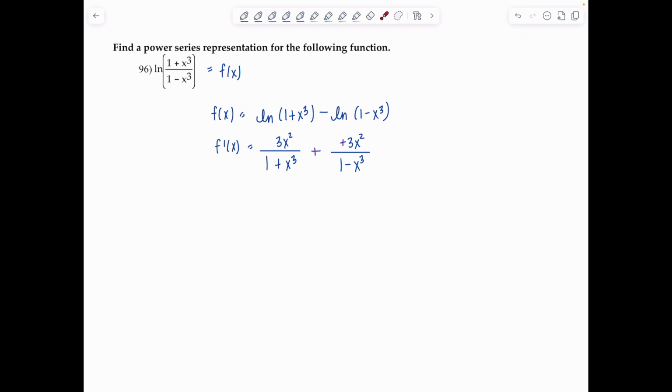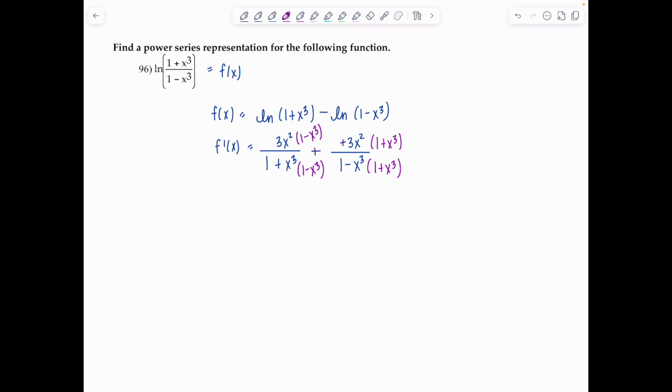Good. Now, if you were to try to find a power series representation right now, you would have two series, one for each term, which is going to be a little messy to combine. It's doable, but what's even easier is if I first get a common denominator and write both of these as one term, and then I will only have to find one power series. It's going to work out very nicely because notice the denominators are conjugate pairs. So I'm going to multiply this one by 1 minus x cubed, top and bottom, and this one by 1 plus x cubed.